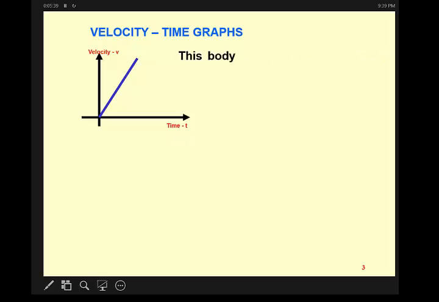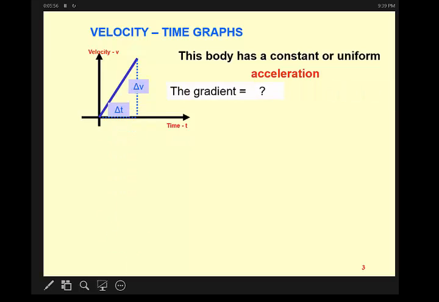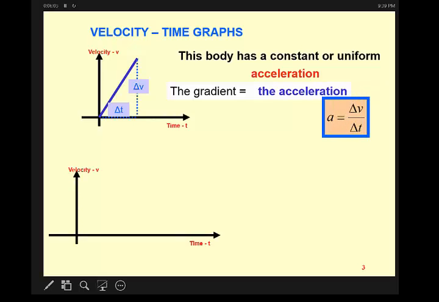Well, just like with the previous graph, the straight line means it's constant or uniform, and of course it's uniform acceleration. And also, like our previous graphs, we can work out what that acceleration is by calculating the gradient as rise over run. Change in velocity over change in time, and of course we know an equation that fits that model.